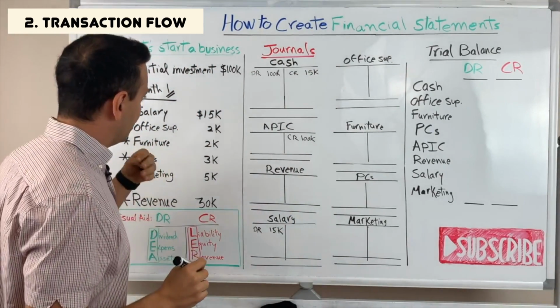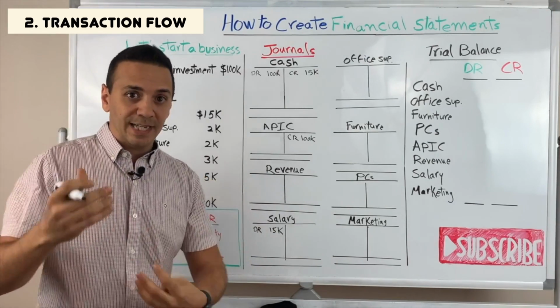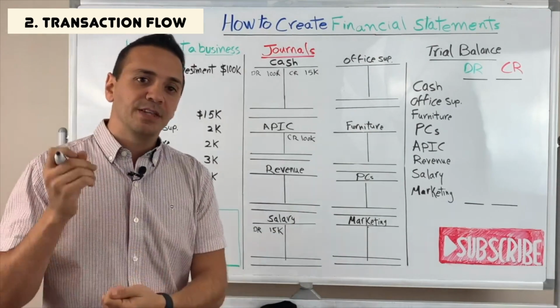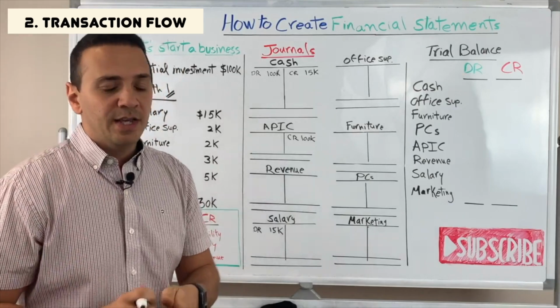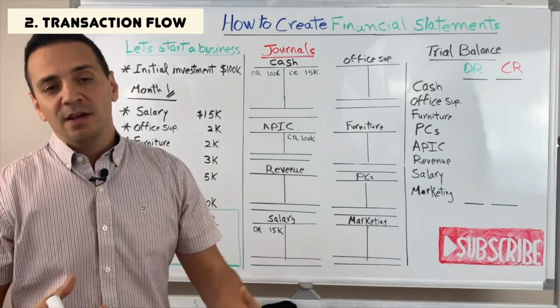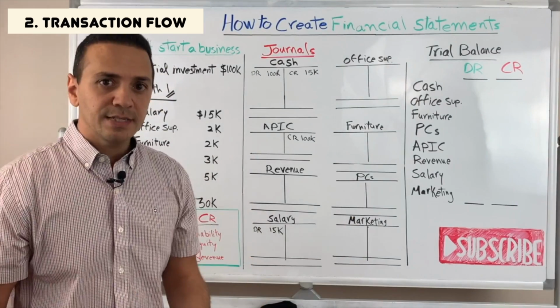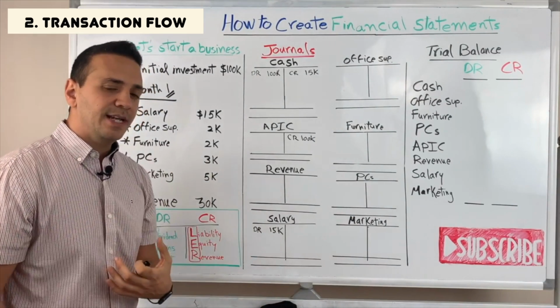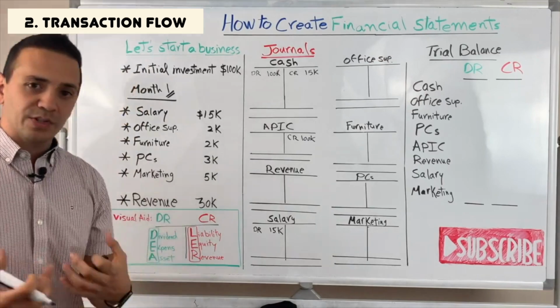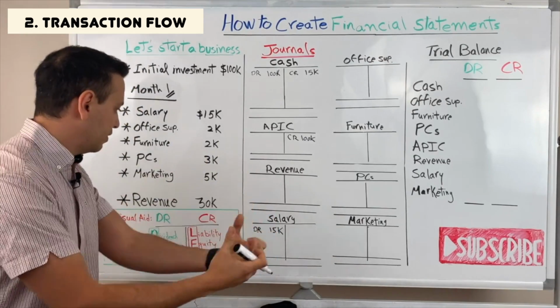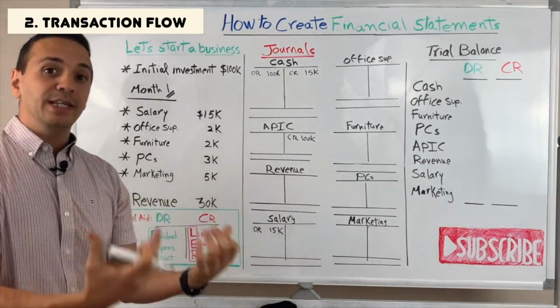The next transaction is office supplies. So now we are buying office supplies for $2,000. And again, think of it the same way. If you're spending $2,000 to buy office supplies, is that an expense or an asset? Is there a future economic benefit from getting office supplies? Yes, there is. So you're buying office supplies today with the purpose of using them over time. So there's a future economic benefit, and it might even last you for a whole year.